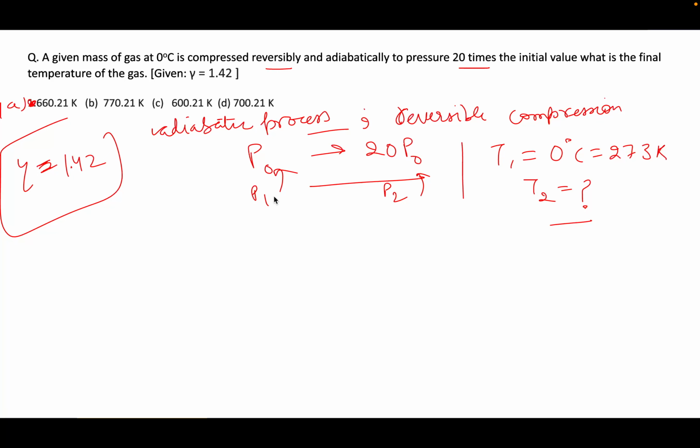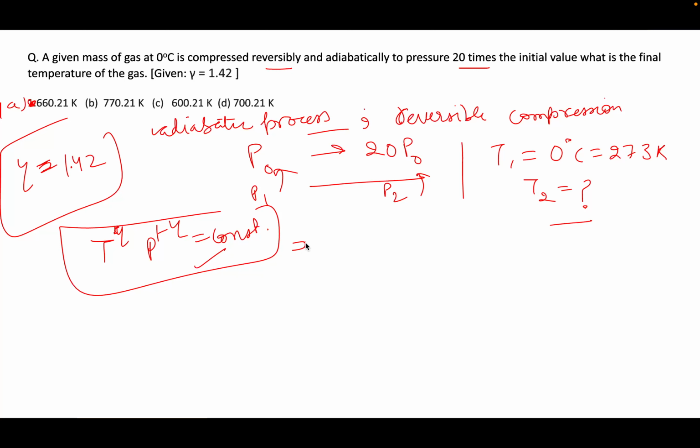I just wrote in my first or second slide that for adiabatic processes, T to the power gamma into P to the power 1 minus gamma is constant. So by applying this formula, we can easily calculate the temperature T2.